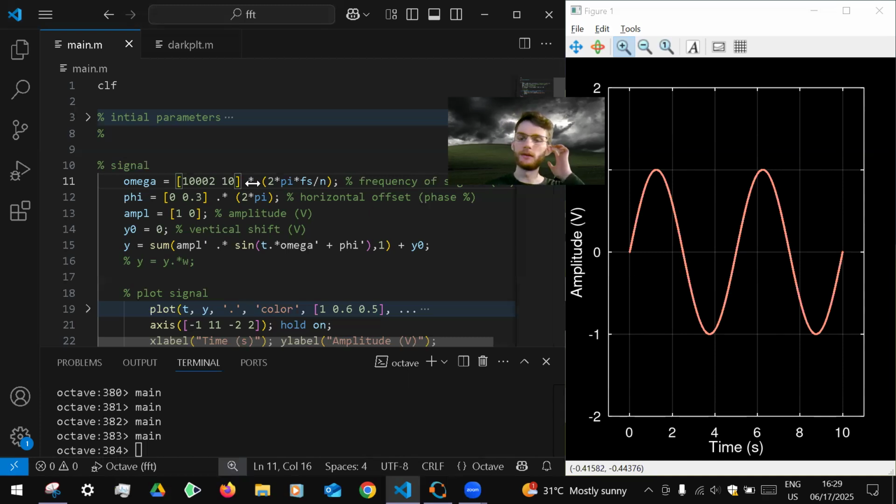And now at this point, it looks like the frequency is 2 hertz. I mean, 2 cycles, which corresponds to what, like 0.2 hertz, even though the frequency is actually large. And that's aliasing.